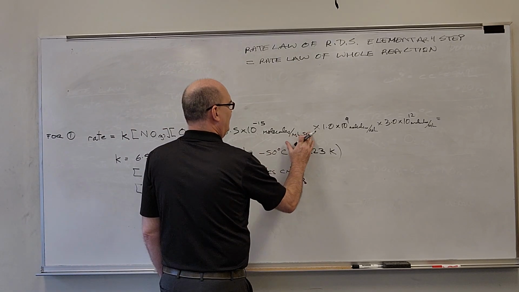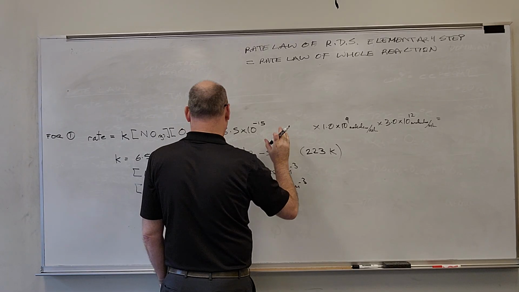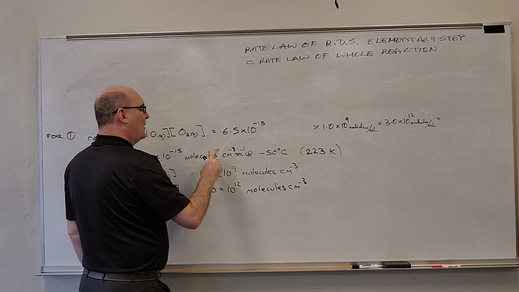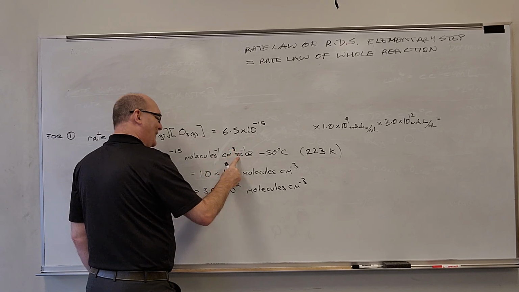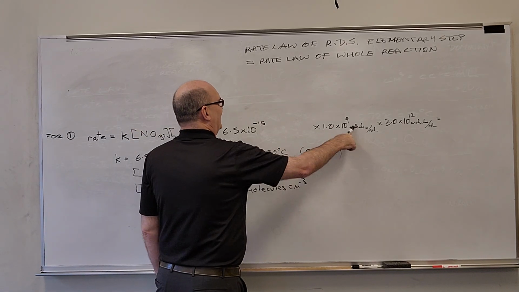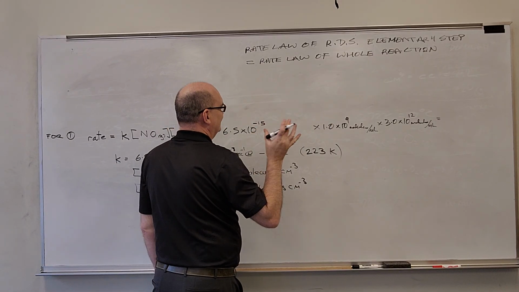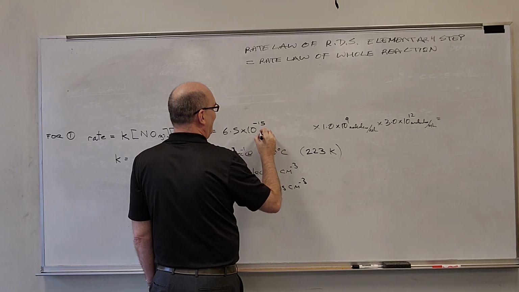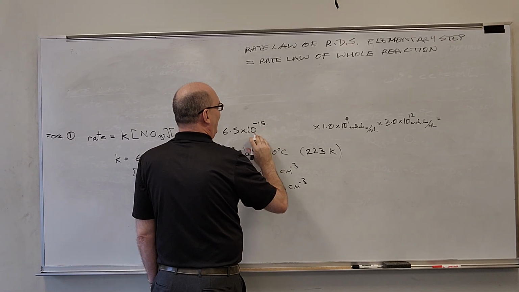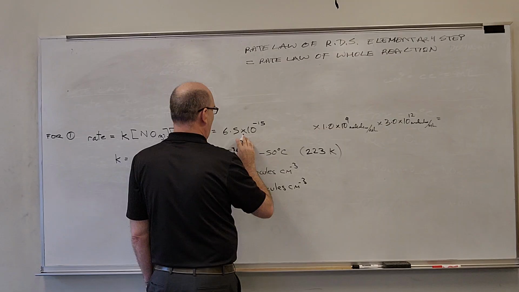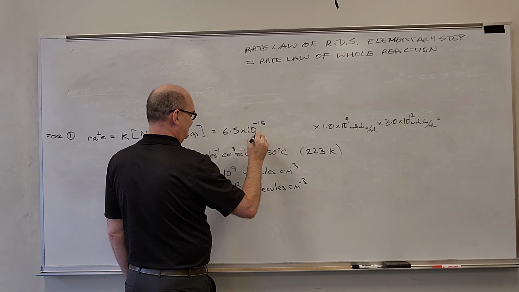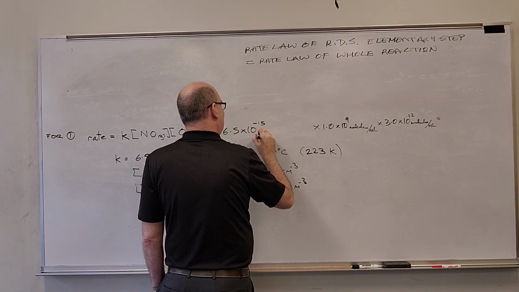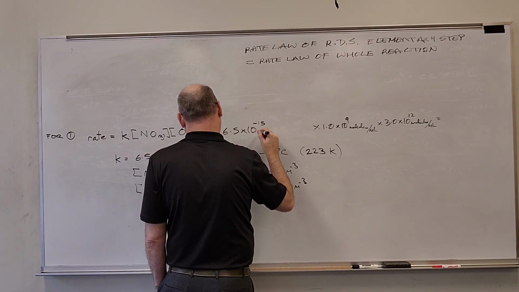So let's fix this because I've said this wrong more than once. It is per molecule, per milliliter, per second, which makes these go away. Well, it makes one of them go away. That's the trouble with units in kinetics. I suspect that our book has got this one wrong.